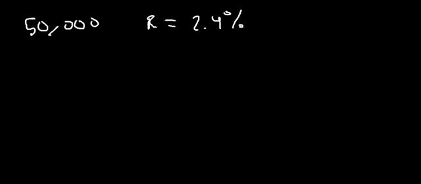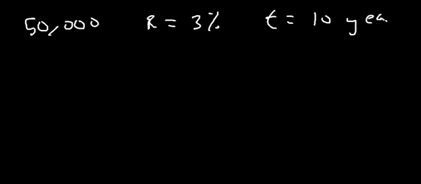Now the last thing we're going to talk about in terms of word problems for population growth: let's say the population is 50,000. However, it's decreasing at a rate of 3% every year. Let's use a nice whole number. What is the population going to be after 10 years? So we're going to use the same equation. A is equal to P, which is 50,000. N is 1.